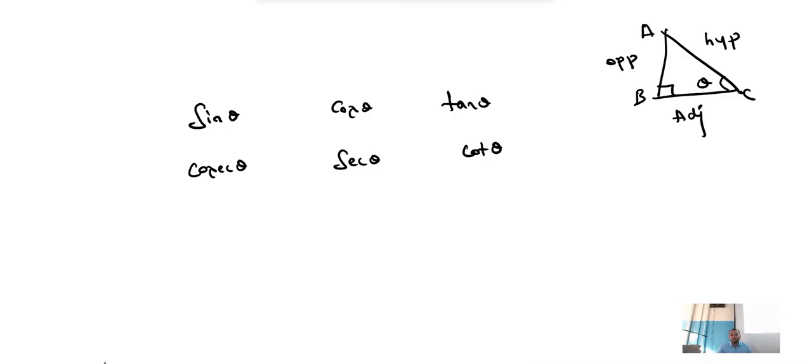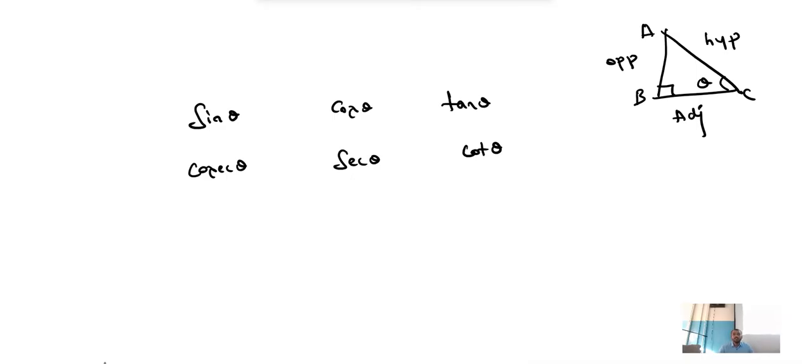Here, remember, the opposite side is also called the perpendicular side. Mostly the ICSE students will not use the word opposite, they use perpendicular. Perpendicular side is nothing but opposite side. And they won't use the word adjacent, they use base side. Base is nothing but adjacent. Don't get confused.